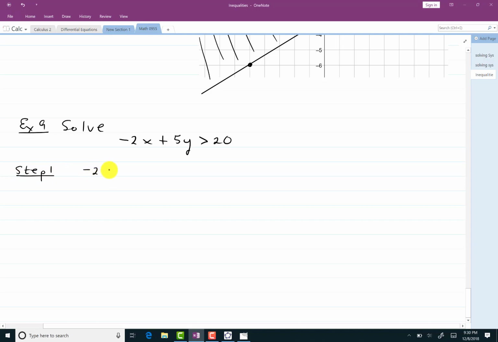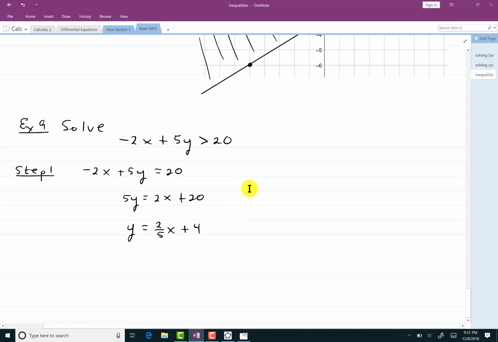So I'm going to graph negative 2x plus 5y equals 20. So I'll get y by itself. I'll add 2x. I'll get 5y equals 2x plus 20. And then I'll divide by 5. So y equals 2/5 x plus 4. So there it is in slope-intercept form again.